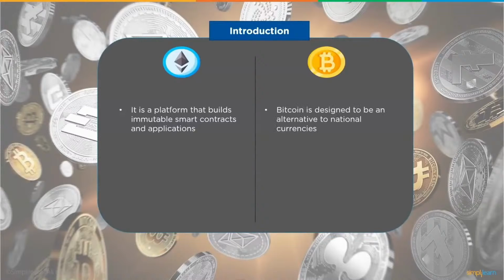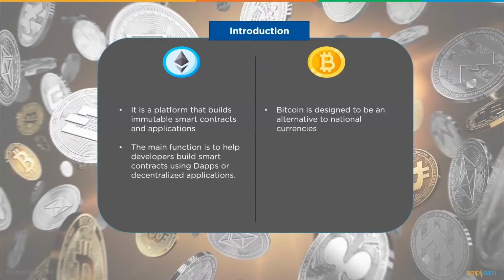Bitcoin is an alternative to fiat money or physical currency. The main function of Ethereum is to provide its users or developers with a platform to build smart contracts using dApps or decentralized applications. On the other side, Bitcoin only intends to be a medium of exchange of money and value stored in its blockchain network.